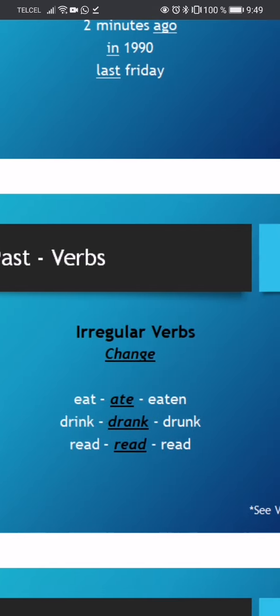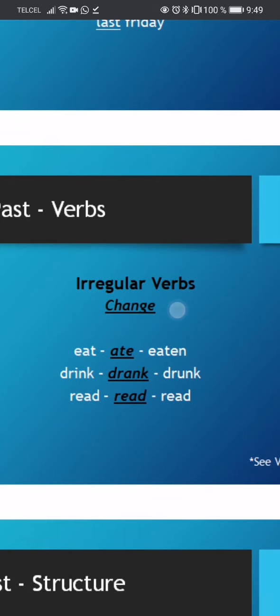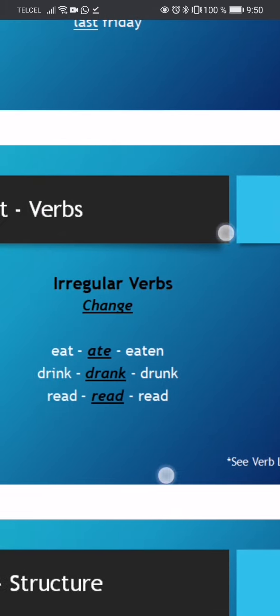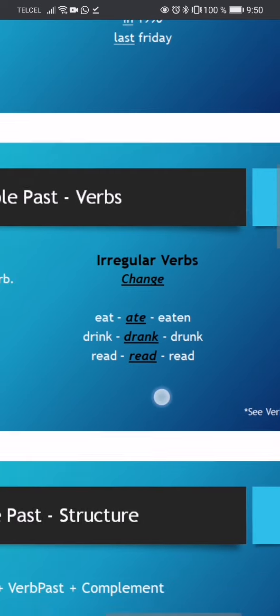Irregular verbs, these are the problem in English because you have to memorize them. Remember, the irregular verbs, they change. And today we are going to check the important is the second column, the column on simple past. So we have eat, ate, drink, drank, read, read. Okay, you see the verb list. So this one you can check them on the verb list.